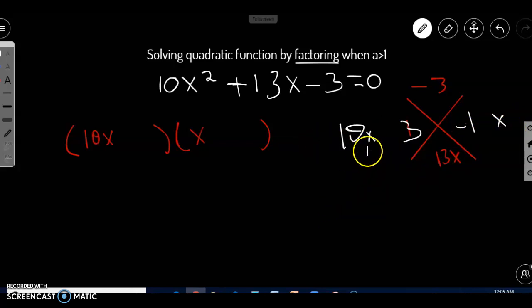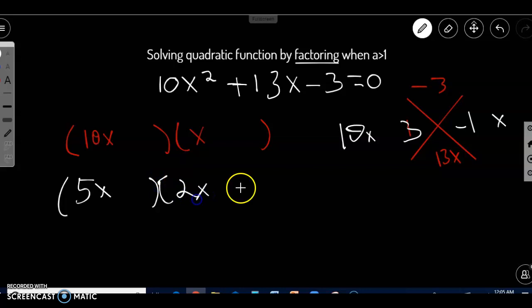So realize that no matter what we do, we are not getting this 1. So that means we have to look at the other factors of 10, which could be 5x and 2x. That will give us 10x.